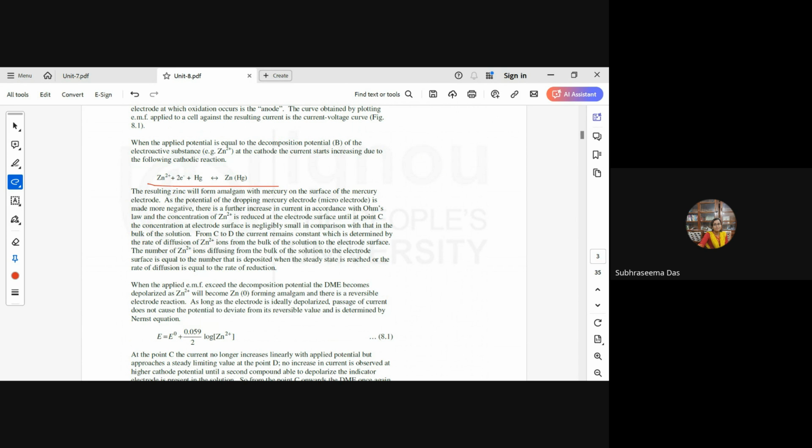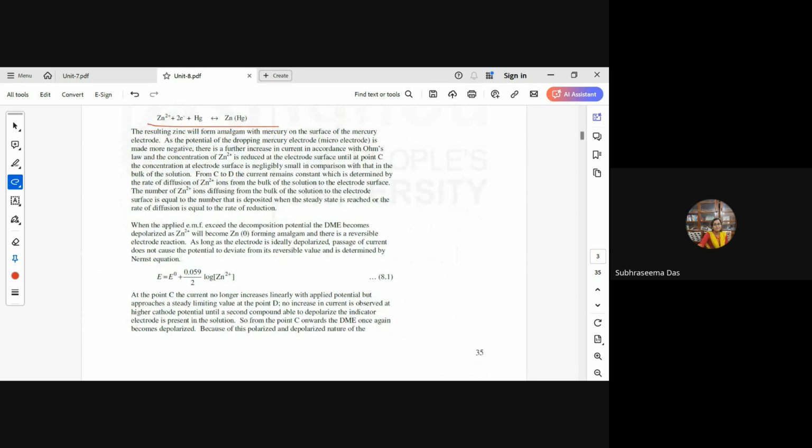The number of Zn2+ ions that diffuse from the bulk to the electrode surface is equal to the number already deposited during the steady state of the reaction. That is, the rate of diffusion is equal to the rate of reduction.